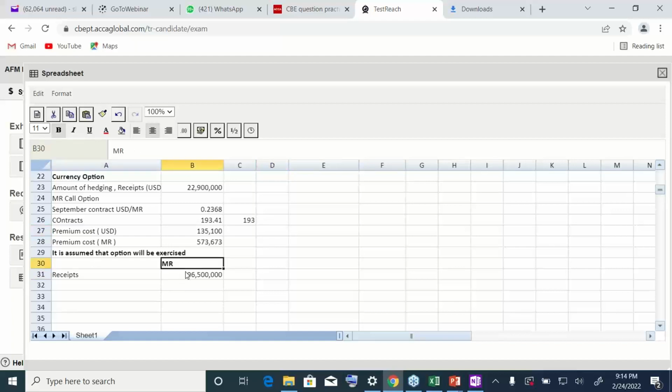In order to receive this home currency, you have to pay the foreign currency, right?